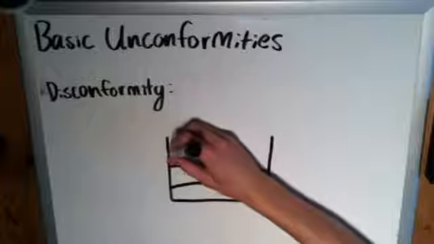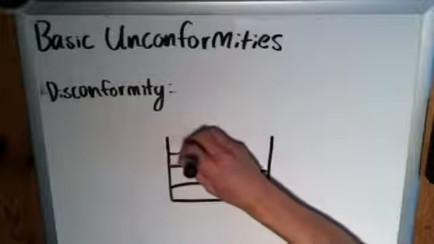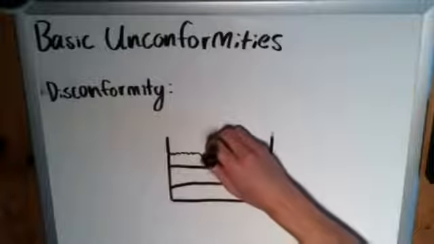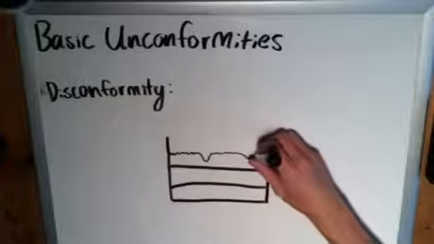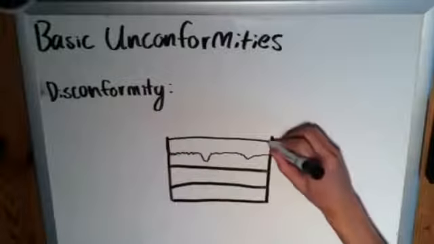and then let's say we've got this strata right here. Now the one up here has been eroded, so it's got maybe some rough edges, maybe some dips in here. And then we have our surface layer deposited on top.